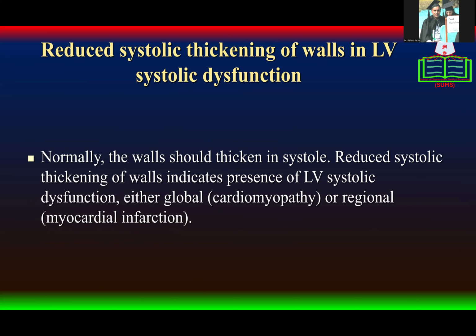So normally the wall should thicken in systole; reduced systolic thickening indicates the presence of left ventricular systolic dysfunction, either global in the case of cardiomyopathy or regional in the case of myocardial infarction, because in the case of infarction there will be a small segment of cardiac tissue that will be infarcted, so it will result in a regional wall thinning or not complying in systole.